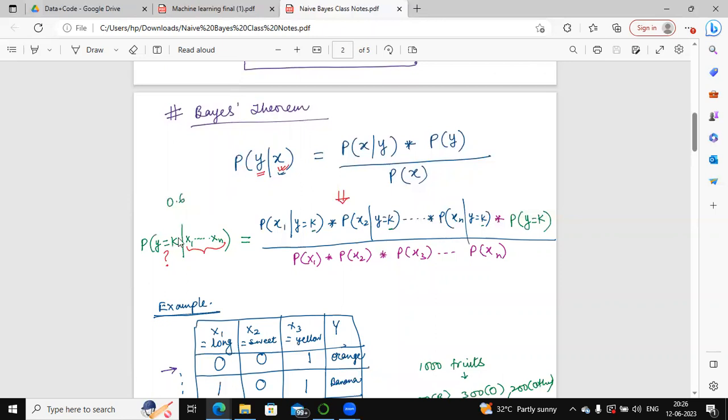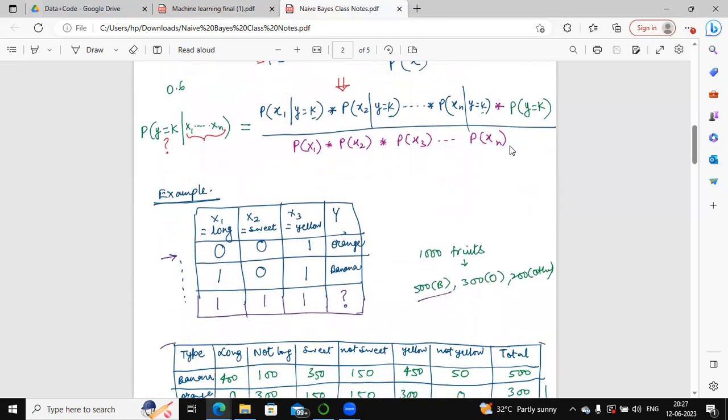You just have to substitute y equal to k here, and x goes from x1 till xn. So for x1 till xn, we take the probability of x1 given y, the probability of x2 given y, and so on till xn we multiply, and then multiply by the probability of y equal to k. Then divide by P of x, which is P of x1 times P of x2 times P of x3, and so on.